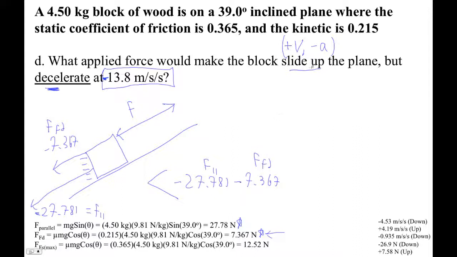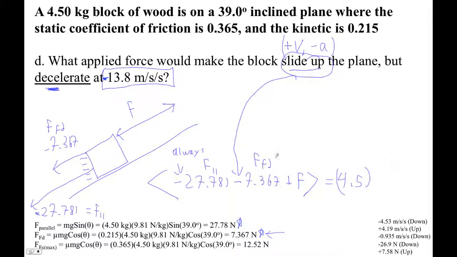It is down the plane because we're sliding up the plane. Down the plane means gravity. Okay, and then unknown force, make it positive, and then that equals 4.5.